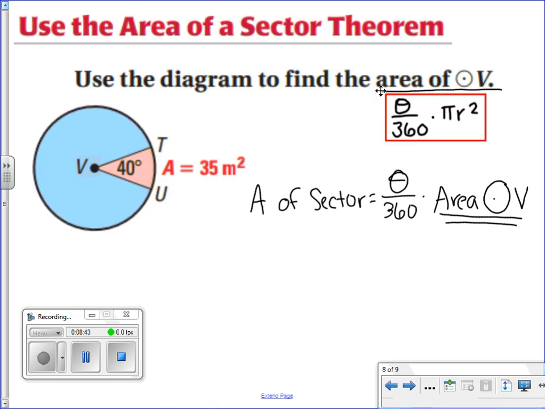Well, we know that the area of a sector is 35. So 35 is equal to, instead of theta, I know that my theta is really 40. Divide that by 360 times area of circle V.